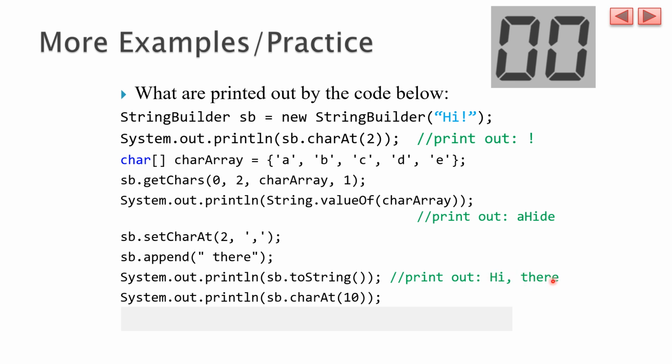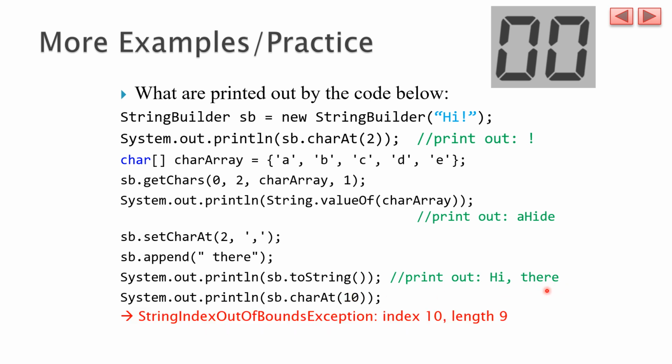So it has 9 characters. Therefore, when you try to access the character at index 10, it should be out of bounds. So you could see the exception named StringIndexOutOfBoundsException.